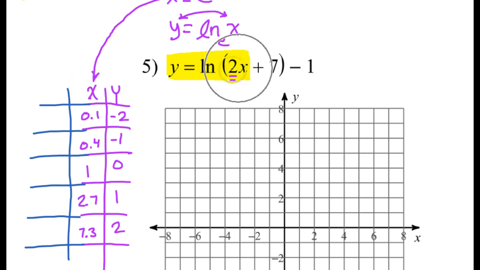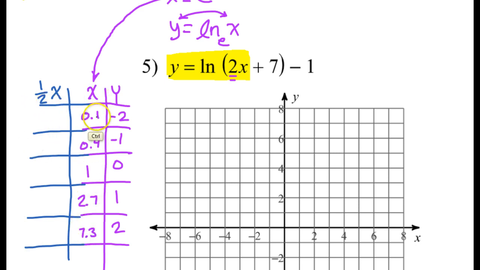Okay, anything on the inside is affecting the x values, so that's how I know I need a new x column. Because it is a compression, I need to multiply all my x values by 1/2. Okay, so this column will be 1/2. In other words, I'm going to divide all of these by 2.